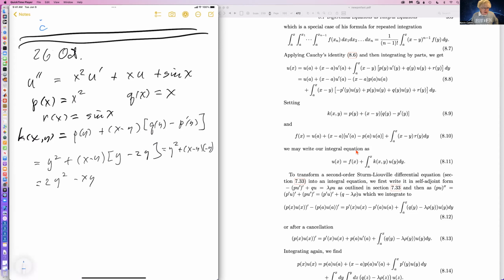So in this particular case, what is f of x? Well, f of x is equal to u of 0, because I took a to be 0. And taking a to be 0, this thing simplifies. It's just x. And then we have u prime at 0.